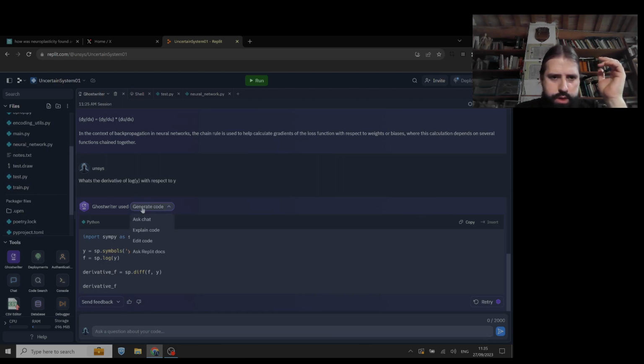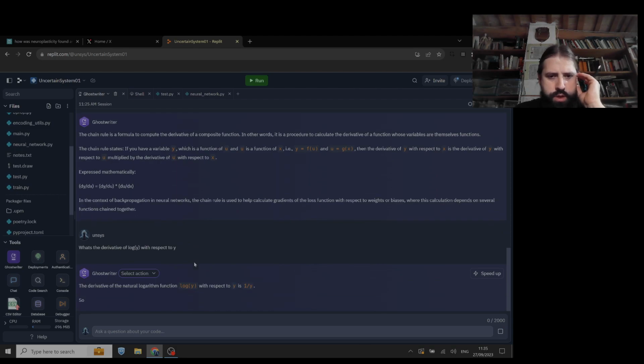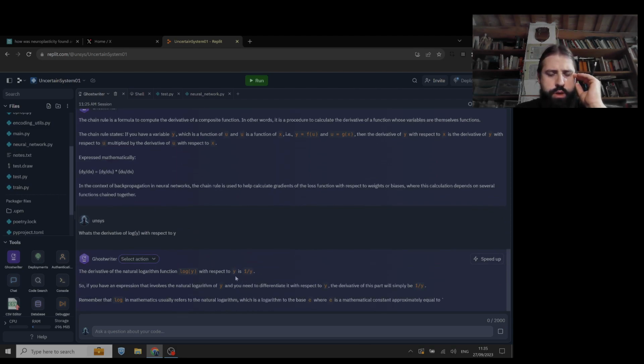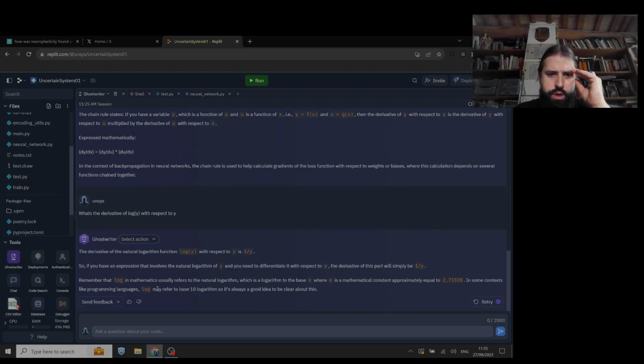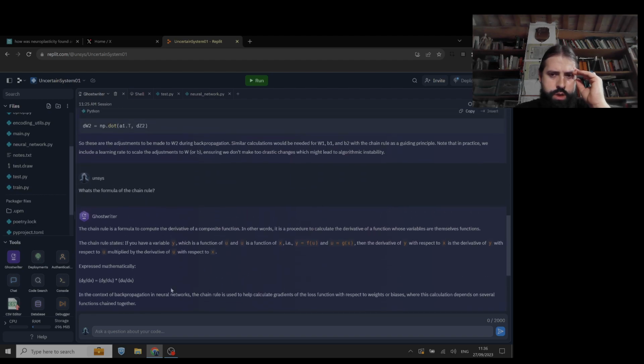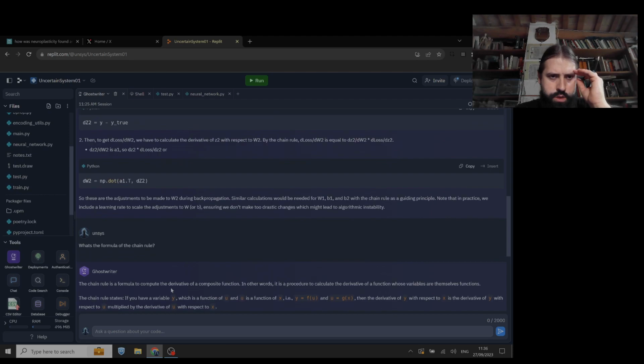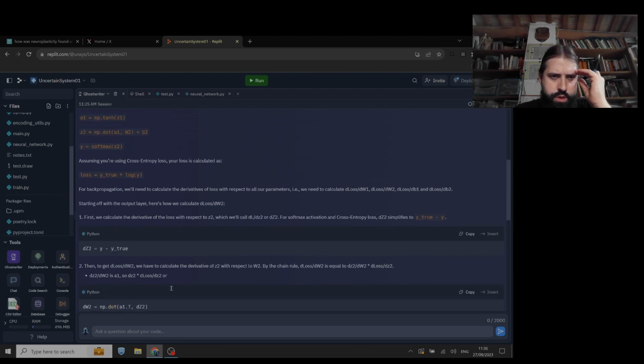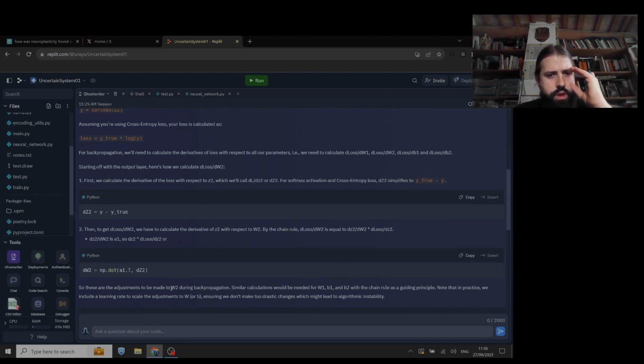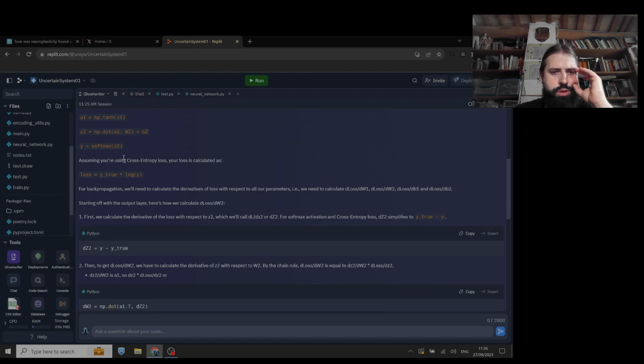It's one over y. So the derivative of the loss function with respect to z2 is basically a constant times the logarithm of the variable.